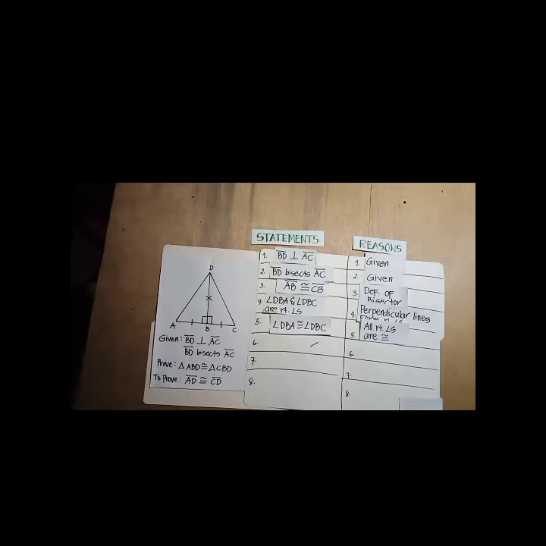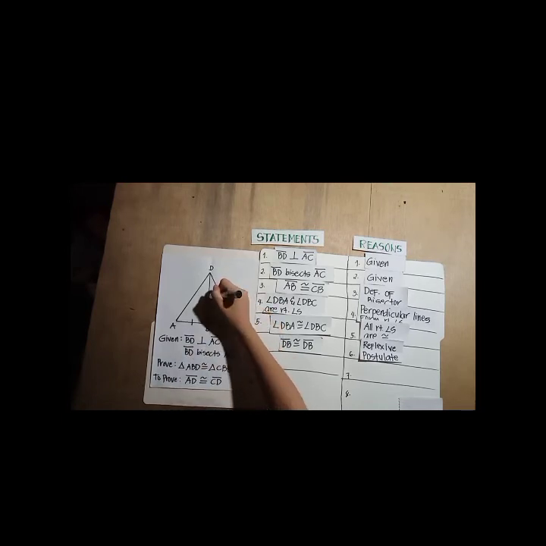So I'm going to say that line segment DB is congruent to itself, line segment DB. Our reason for that is the reflexive postulate. And I'm going to go ahead and mark this line segment DB with an X.